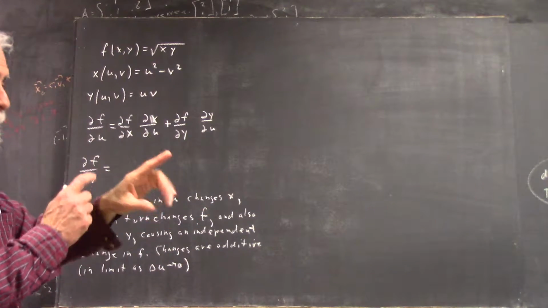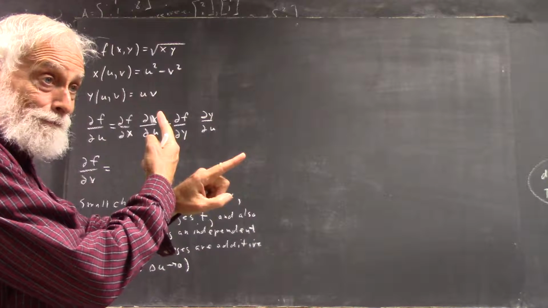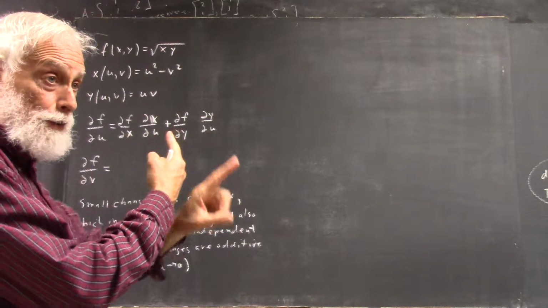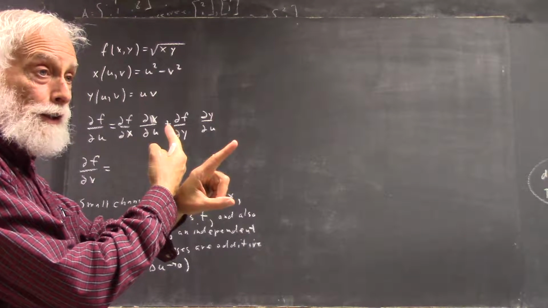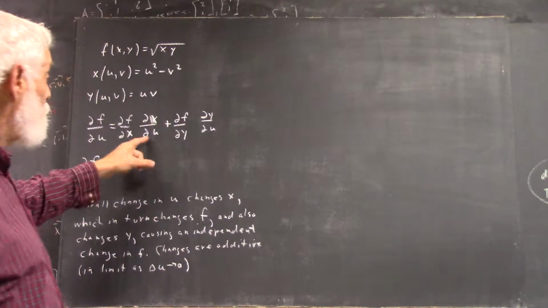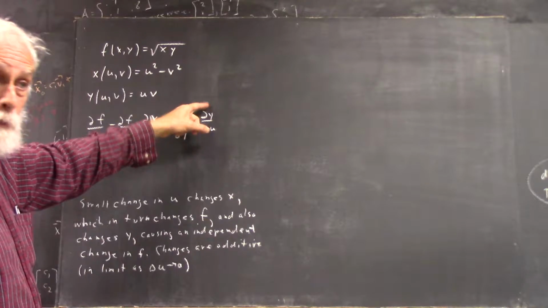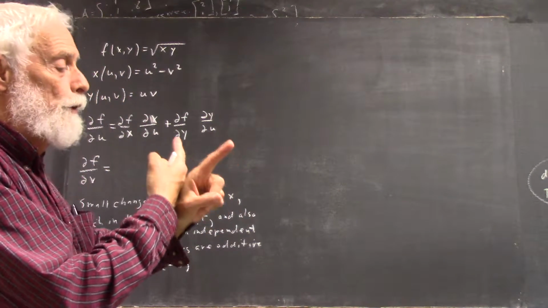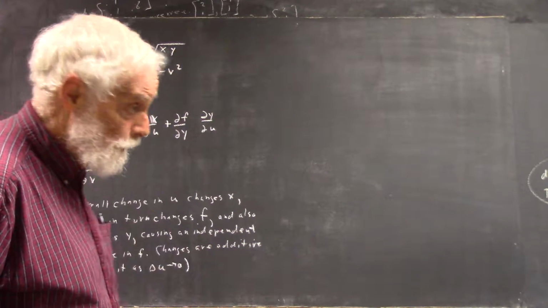Why? Because you go to this parallelepiped, this slope is independent of this slope, and it's this slope that causes this change, and this slope that causes this change. And the smaller your delta x's and delta y's get, as long as x and y are differentiable functions of u, the closer this is to a truncated rectangular parallelepiped.